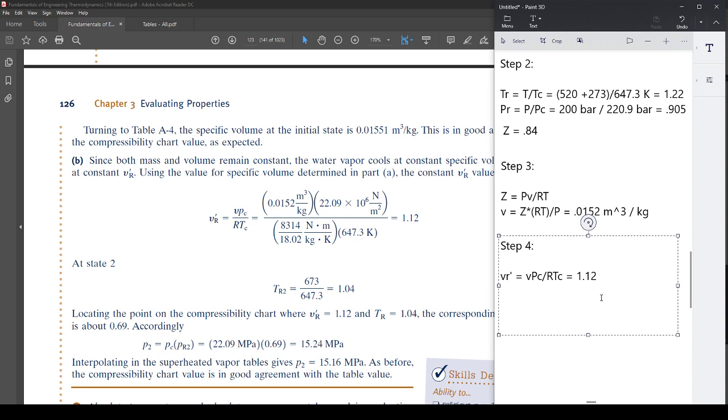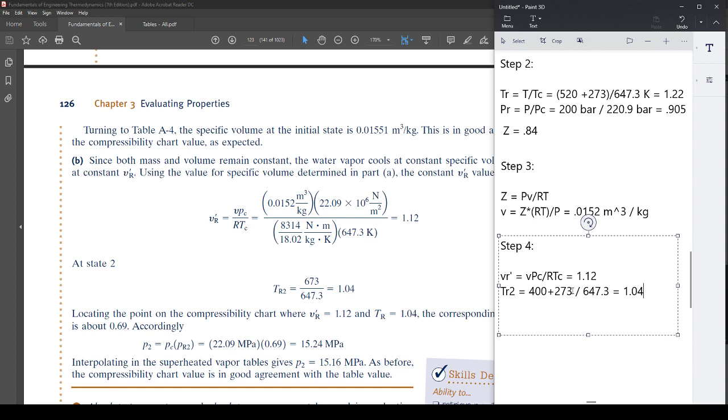But what we need in the table as well is the reduced temperature of state 2, because remember, state 2 had lower temperature. So our second state, I think, was 400 degrees C, if I recall. So it's 400 plus 273 divided by our critical temperature, which is the same, 647.3, and they get 1.04.